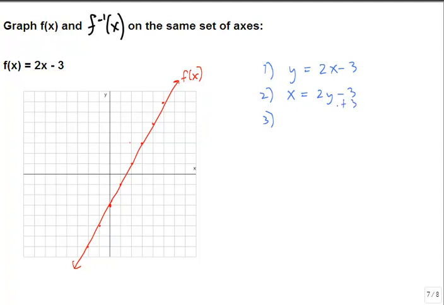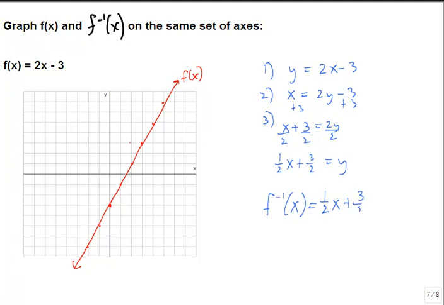So I'm going to add 3 to both sides, and I'm going to divide everything by 2. And rewriting this, x over 2 is like 1/2 x, plus 3/2. And if you want to use function notation, this y was our f inverse. So our inverse function has as its formula 1/2 x plus 3/2.